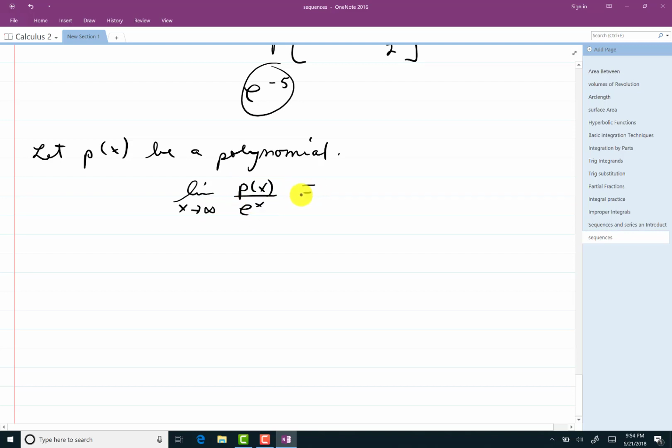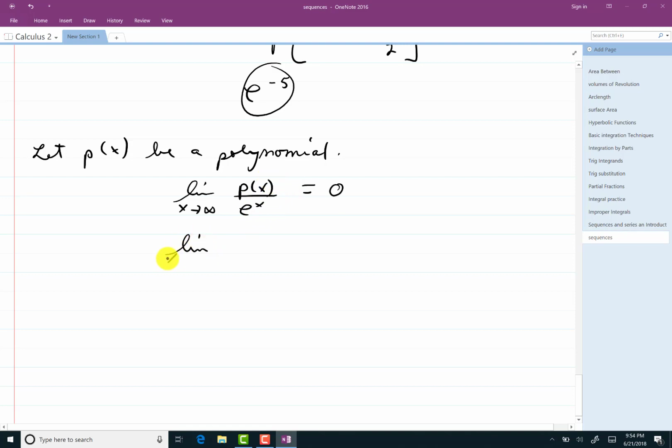E to the x always wins this and you get 0. The reason for that is because this will be an infinity over infinity situation. I can differentiate the polynomial as many times as whatever degree it is. Say it's degree n. If I differentiate n times, I'll get this complicated number on top, but it will be a number. It'll be divided by something that's going to infinity, so that will end up being 0.